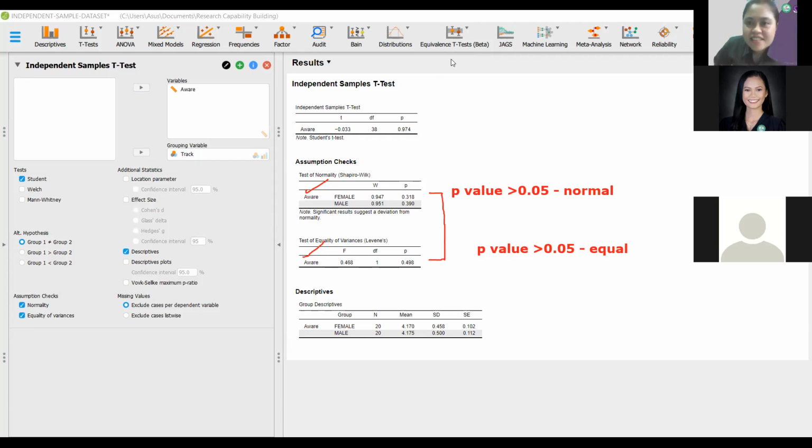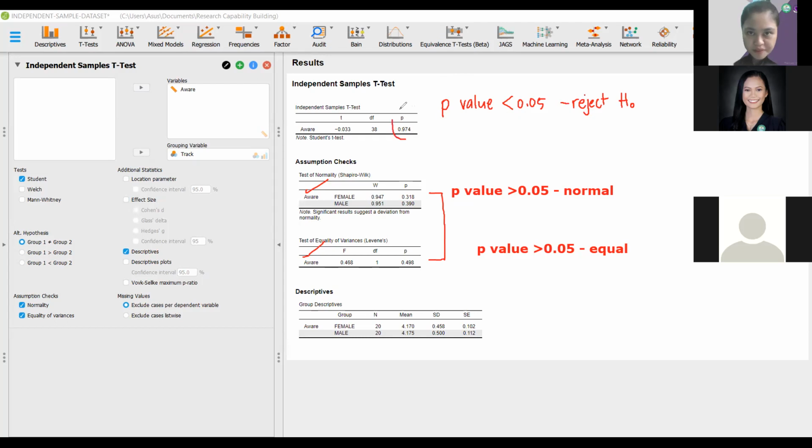Okay, let me see. Diba, pag ang p-value is lesser than 0.05, that's the time you reject the null hypothesis.